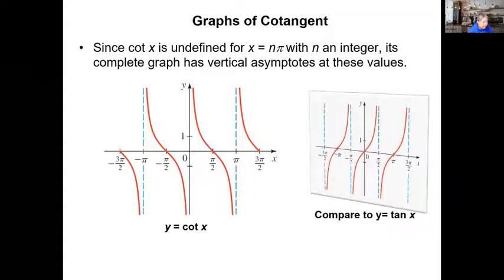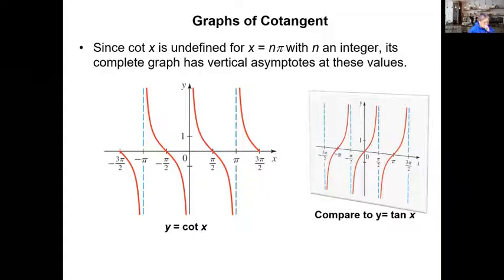So where the tangent function used to have zeros, now the cotangent graph will have vertical asymptotes. And in between those vertical asymptotes, the cotangent graph passes through the x-axis, and that's where the tangent graph used to have the asymptote. Now the cotangent function will have zeros.